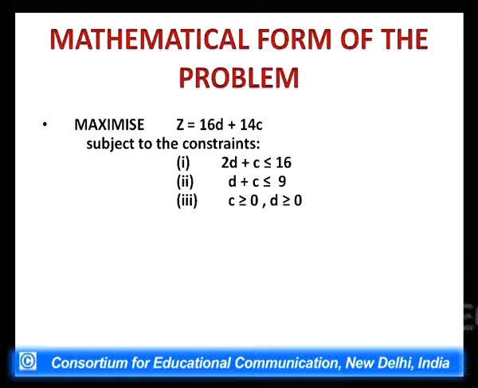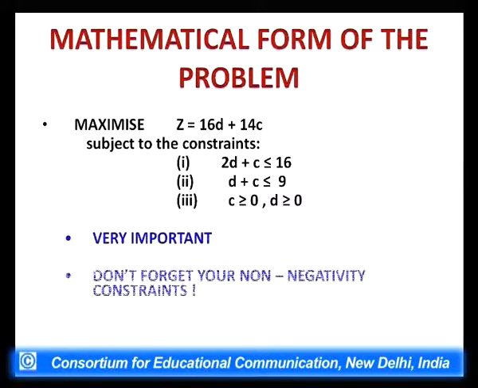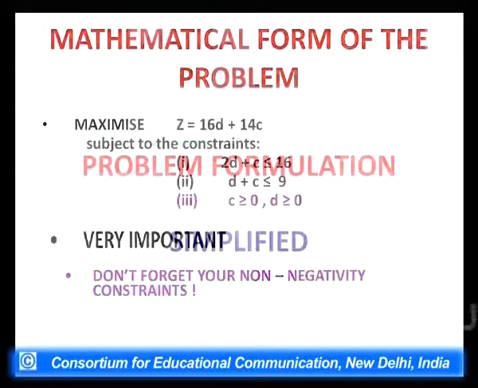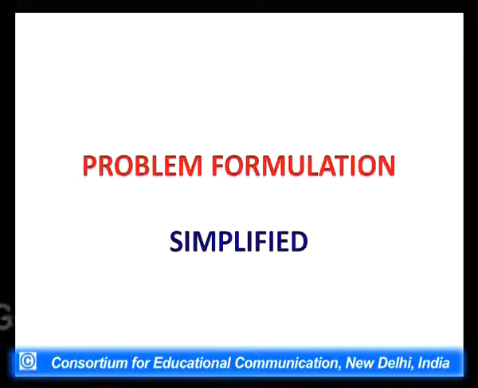The third constraint is nothing but the non-negativity constraint. C and D cannot have negative values. It is very important that C and D will have either 0 or more than 0, all positive values. So, do not forget your non-negativity constraint: these three constraints and one objective function. This is the formulation of the problem.